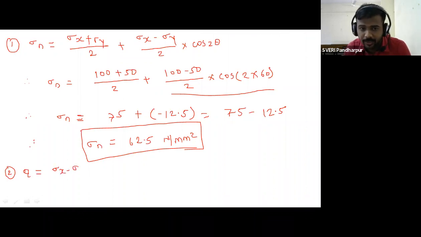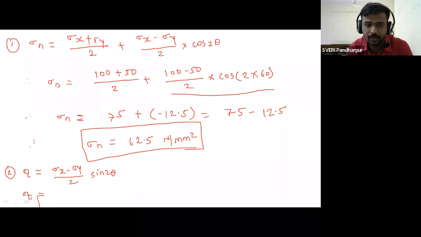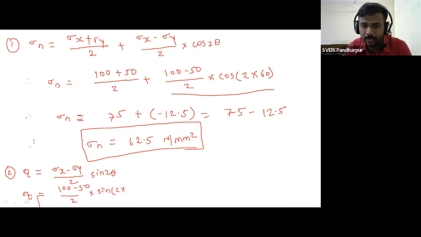Sigma x minus sigma y divided by 2 into sin 2 theta. So here sigma t is equal to 100 minus 50 divided by 2 into sin 2 into 60.